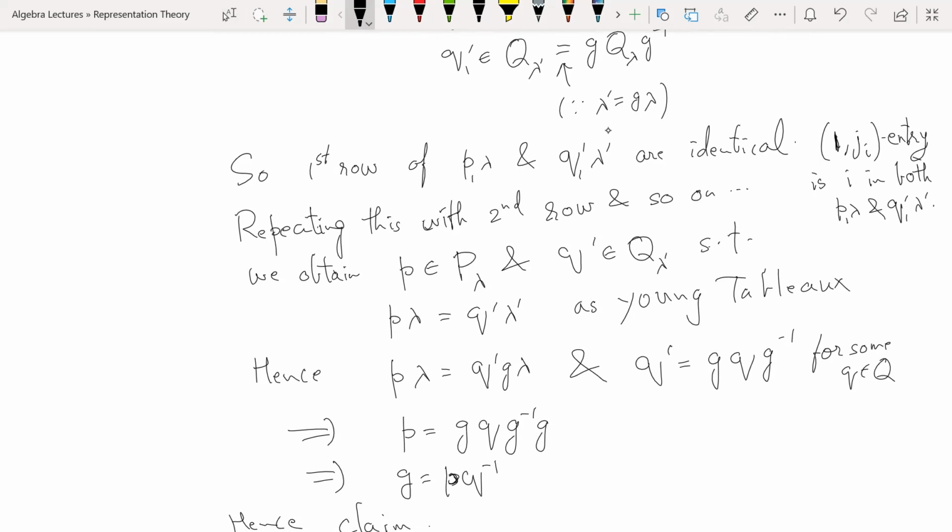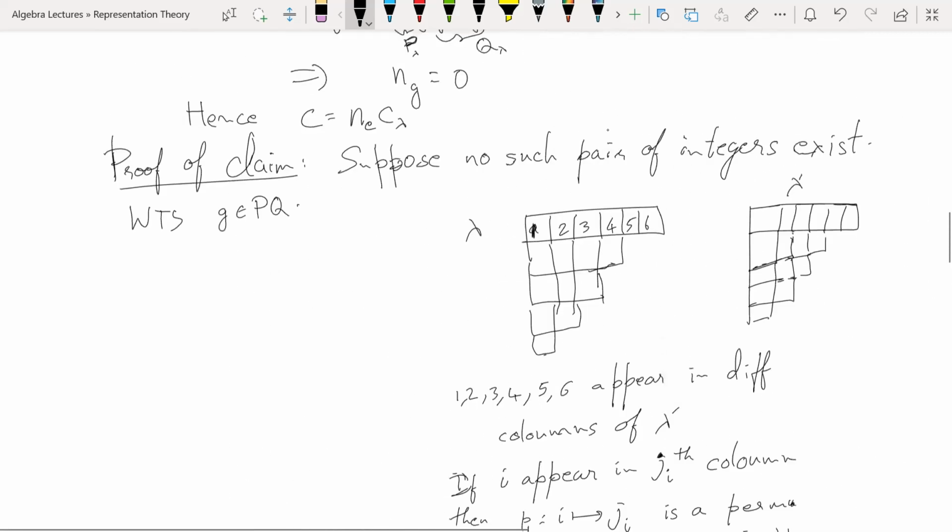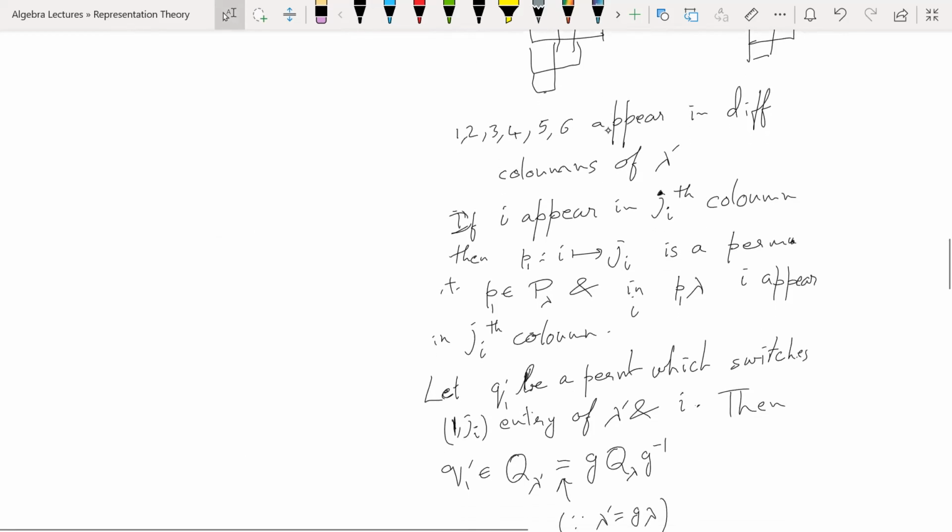So this g inverse cancels out, and what we get is g is p q inverse, which of course belongs to P times Q. So we have proved the contrapositive. We wanted to show that g belongs to P times Q, and that's what we have done, assuming that no such pair exists.